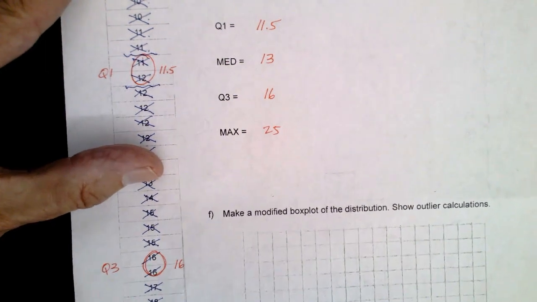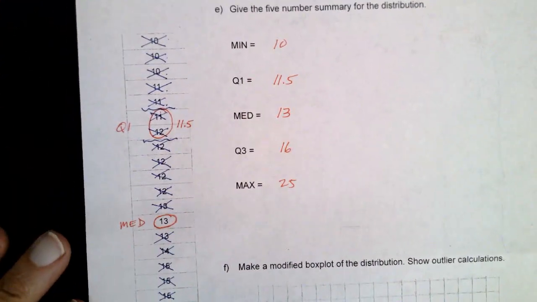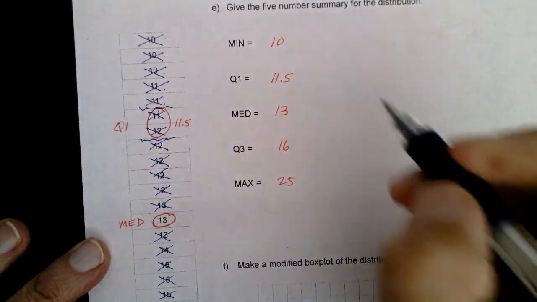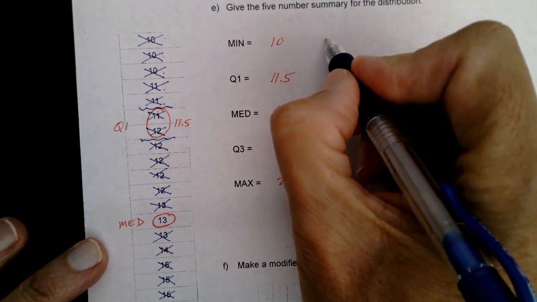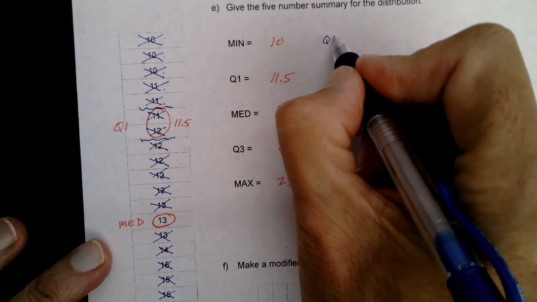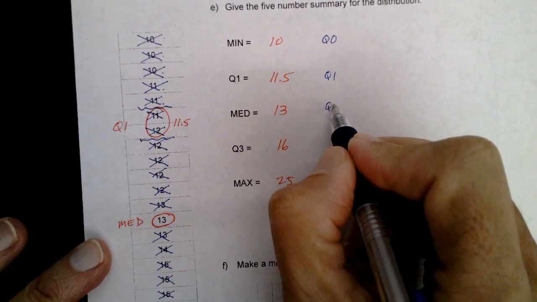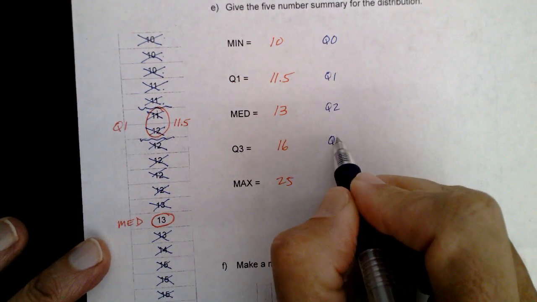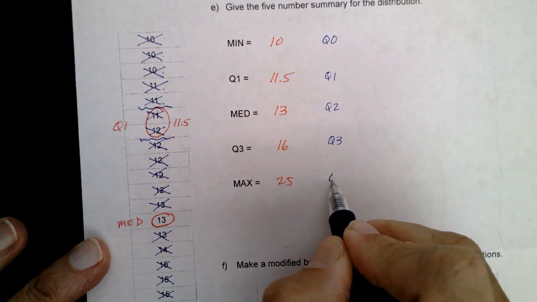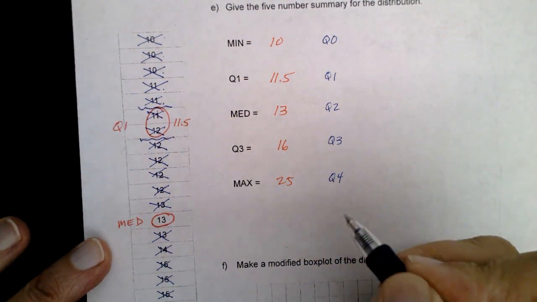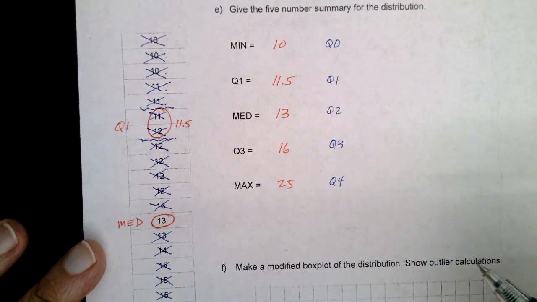So really what you have here is now you've got your 5-number summary. Sometimes you'll see this in some textbooks. They'll call this Q0, they'll call this Q1, Q2, Q3, and Q4. You have 4 different quarters or different quartiles.